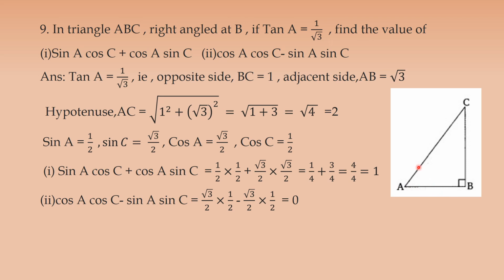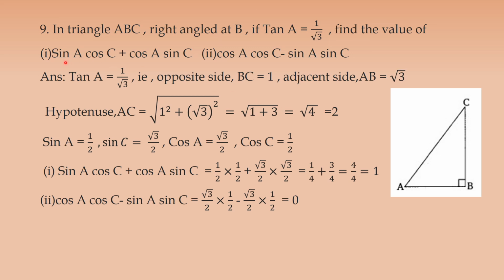To find the hypotenuse AC, we can use Pythagoras property, which is square root of 1 square plus root 3 whole square, which is root of 1 plus 3 equal to root 4 is equal to 2.